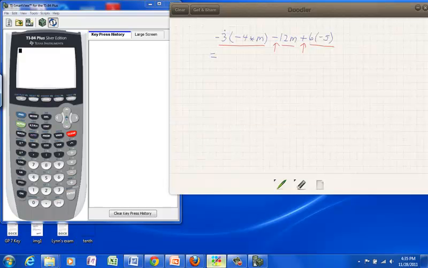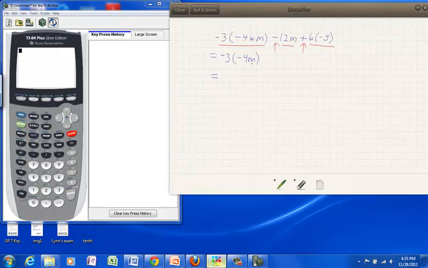Now in this first term, I know many students are tempted to distribute here. But remember, we distribute multiplication over addition or subtraction. That's not addition in there. So the first thing you want to do is just write what's inside this parentheses in a simpler form, which is just negative 4m.